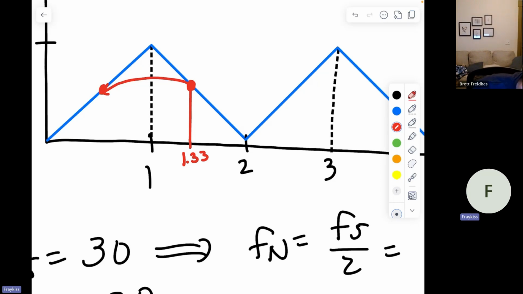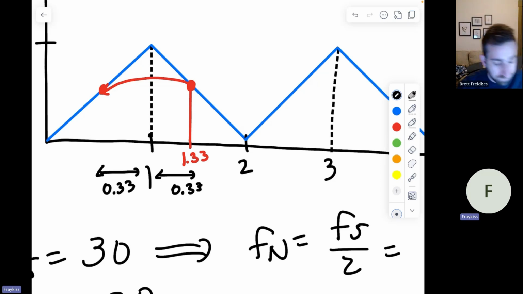And in this example, we see that this distance here is 0.33 away, which means that this distance has to be 0.33 away. So if I do 1 minus 0.33, we get 0.67. So that means that this value here is 0.67.